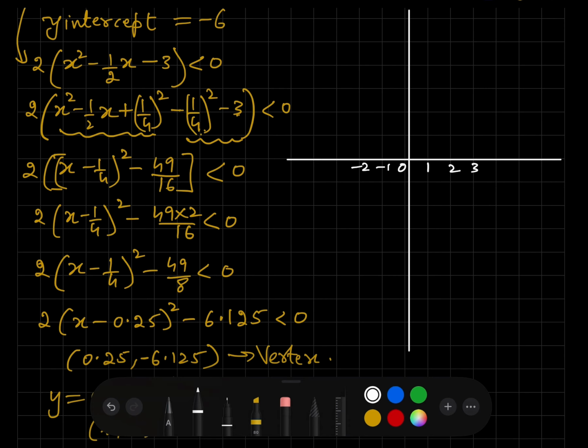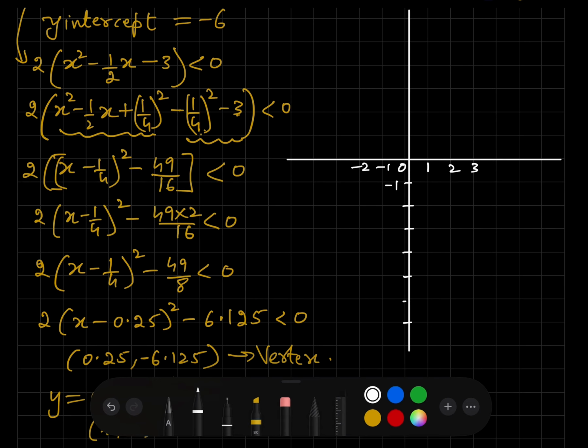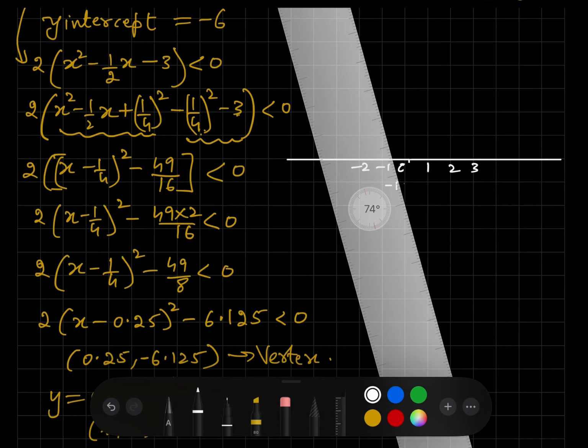Then here negative 1, negative 2, negative 3, negative 4, negative 5, negative 6, and negative 6.125. I think this vertical line is not exactly on the line. We should redraw this vertical line. It will hardly take a few seconds. It should be exact.